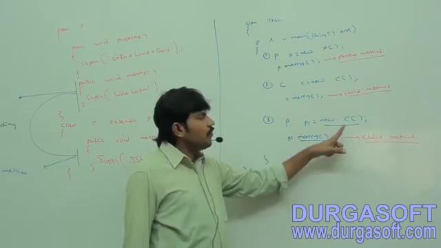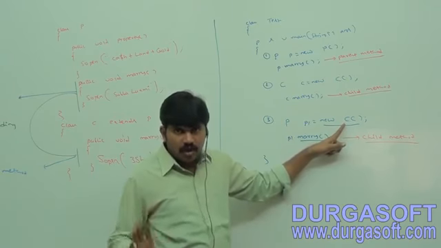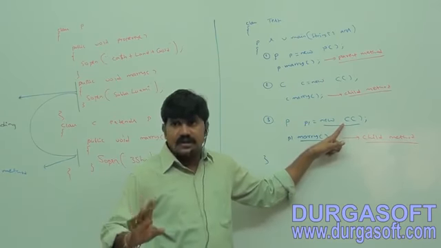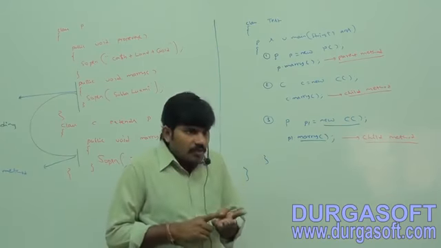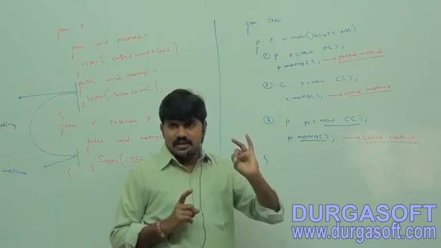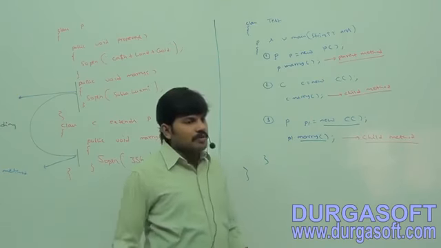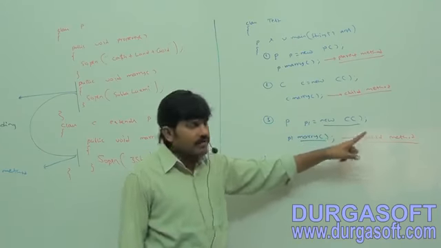In overriding, method resolution is always based on what? Runtime object, right? Now the terminology is very clear. That's why overriding is also known as runtime polymorphism or dynamic polymorphism or late binding. Why is it runtime polymorphism? Because based on the runtime object only, the method resolution is going to happen. Have you observed?